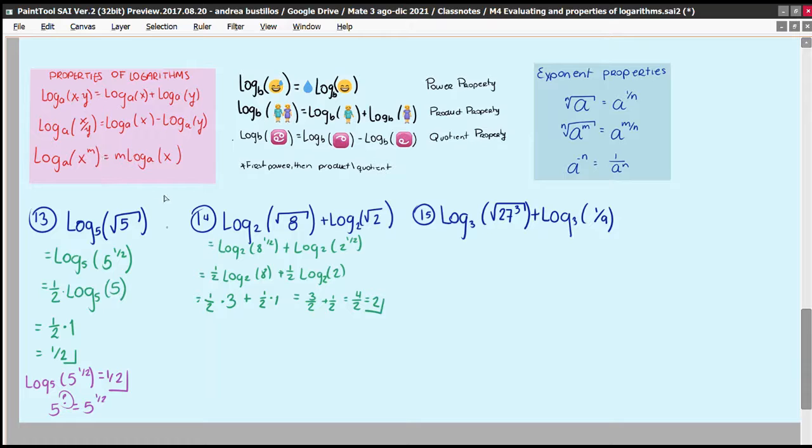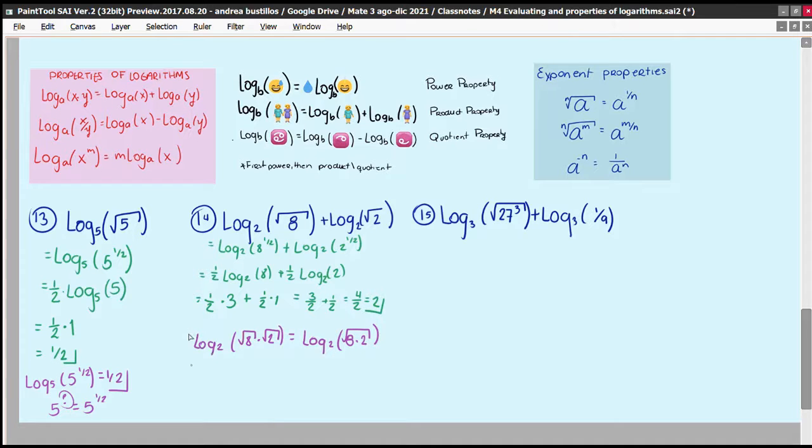Another way to solve this exact same exercise is by using the product property. So I'm going to multiply these two arguments. And by the properties of exponents, we know that we have the same exponent. We can simplify the product of these two roots as 8 times 2 inside the radical.